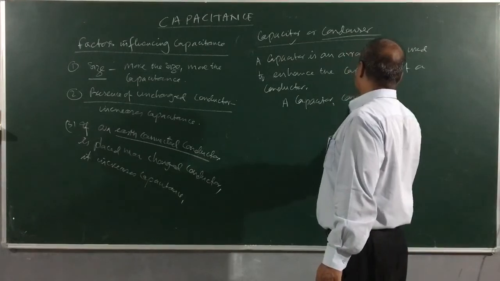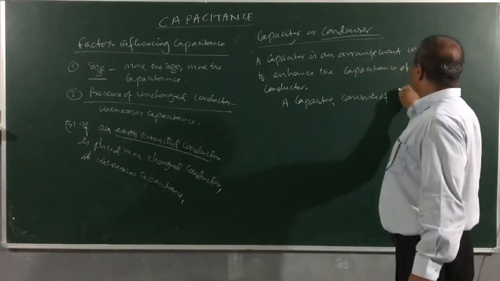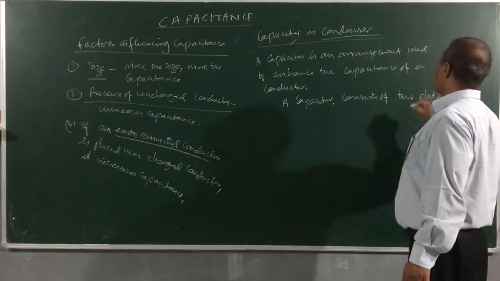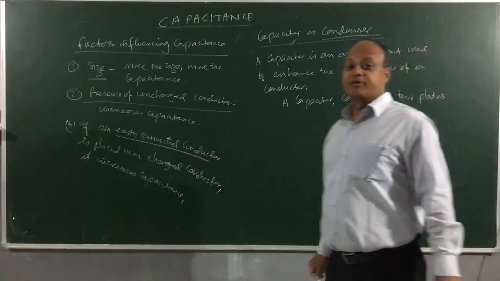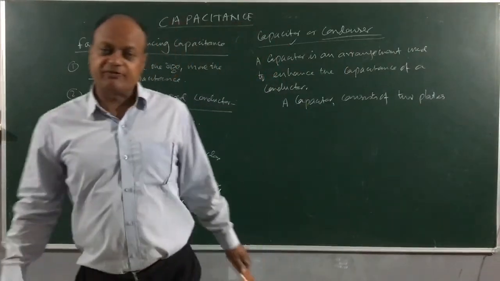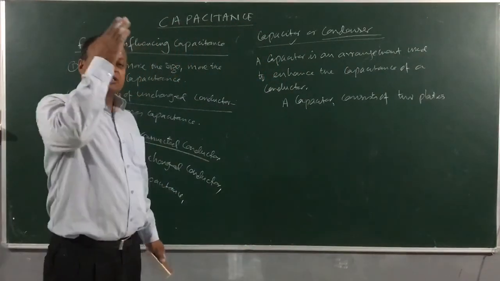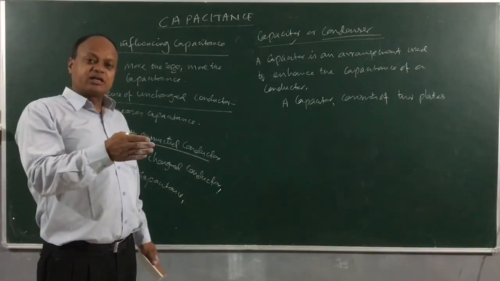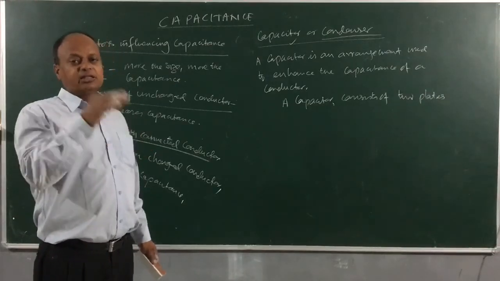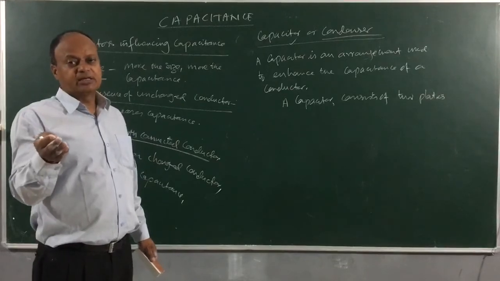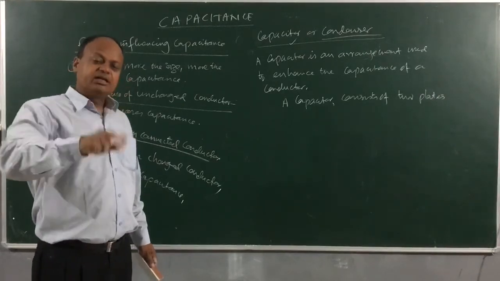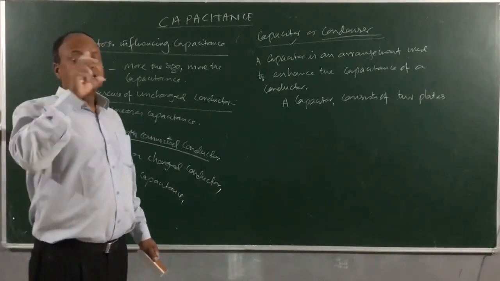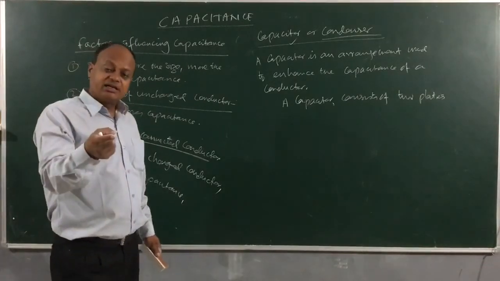A capacitor consists of two plates, preferably identical plates. If one is a plain plate, one is a plain surface, a plain conductor, then the other will also be a plain conductor. If one is a spherical conductor, the other will also be spherical conductor. If one is a cylindrical conductor, that other will also be a cylindrical conductor.